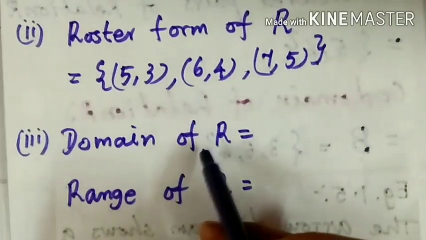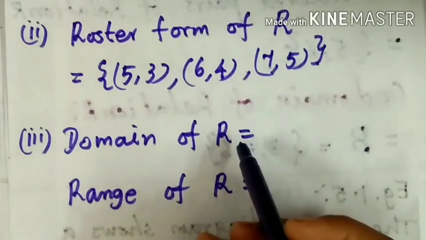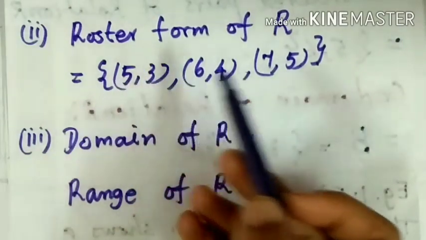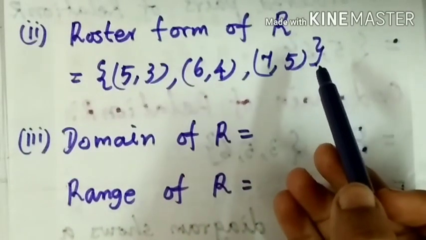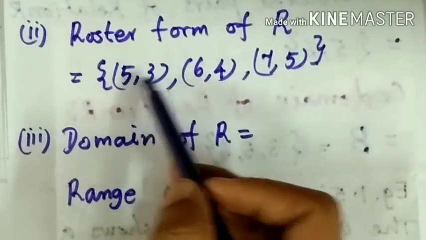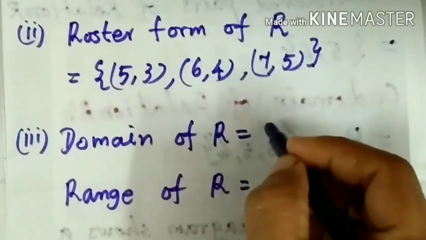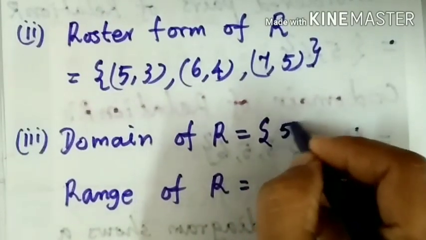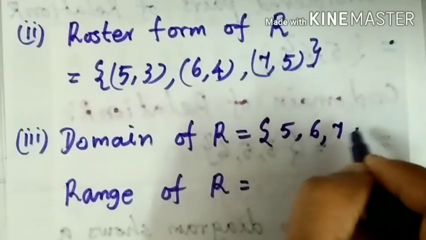The domain of R is defined as the set of all first elements in the relation's ordered pairs. Here the first elements are 5, 6, 7. So in roster form, domain of R = {5, 6, 7}.